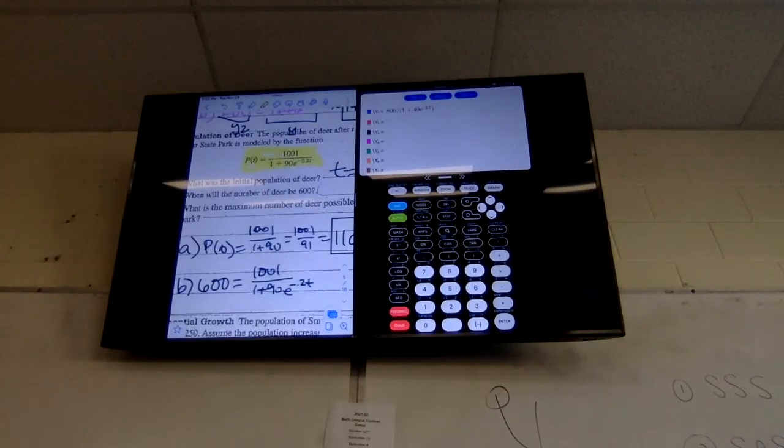Y equals, and make that 600. And I'm just going to manipulate this a little bit. 1001 over 1 plus 90 e raised to the negative 0.2x.